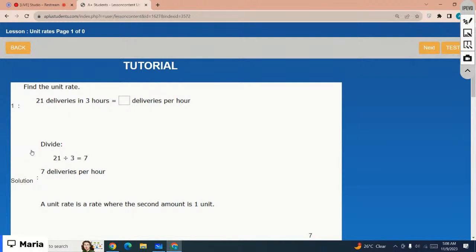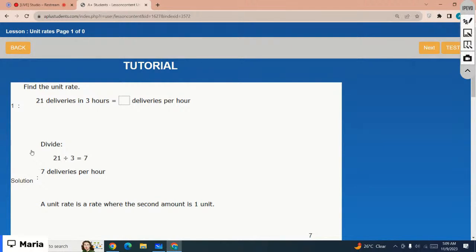A unit rate is the ratio of two different units with denominator as 1, right? A unit rate is a rate where the second amount is 1 unit, right?